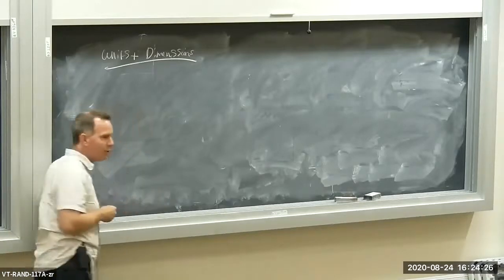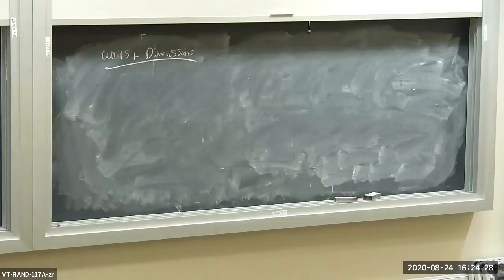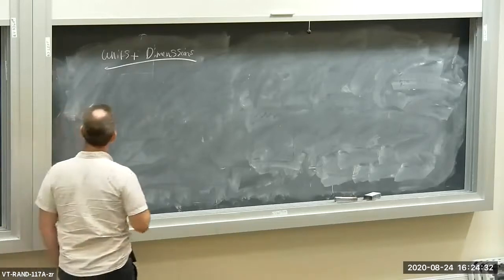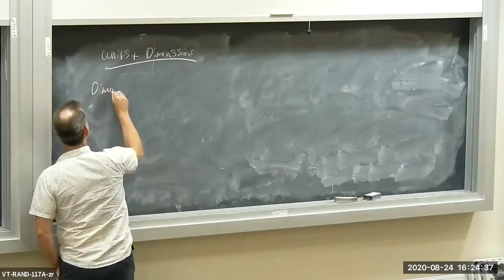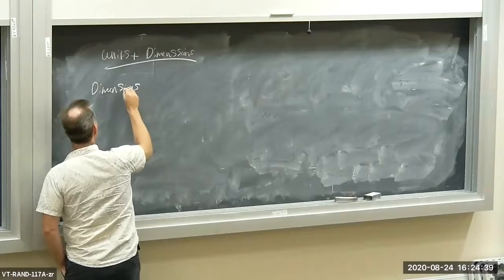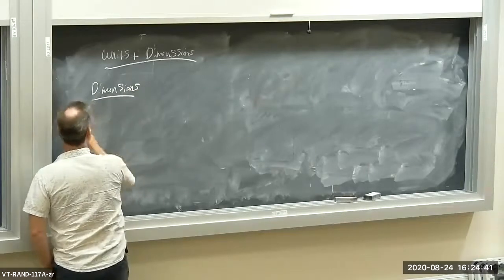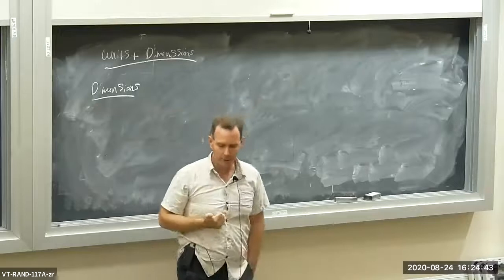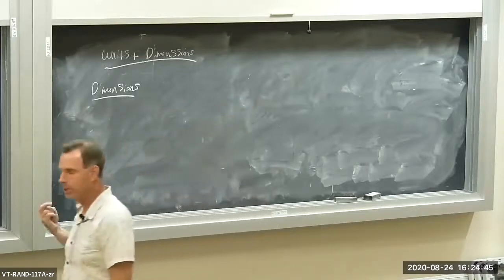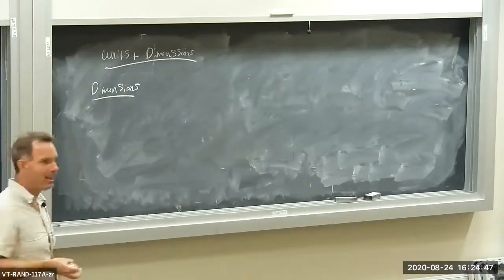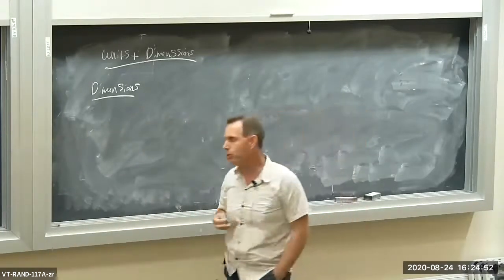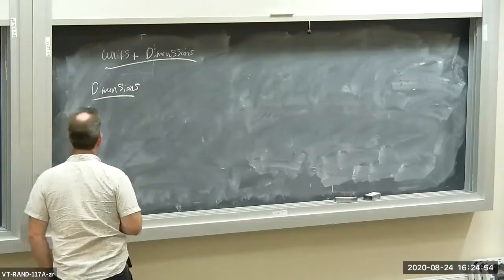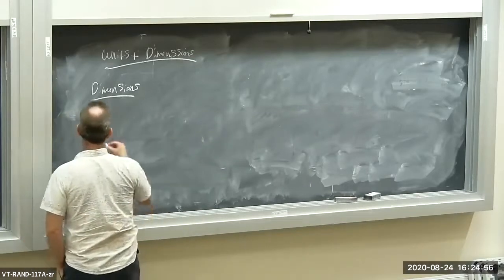A dimension is a generalized quantity. Dimensions are things like mass, force, time, length, degree. They are all the basic building blocks for how we describe or quantify properties of systems.